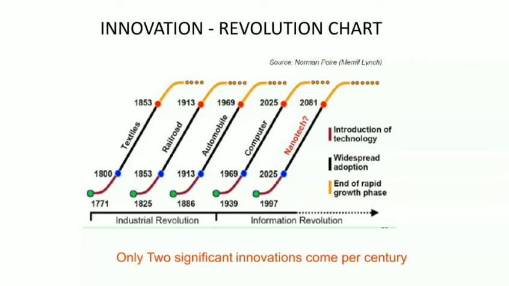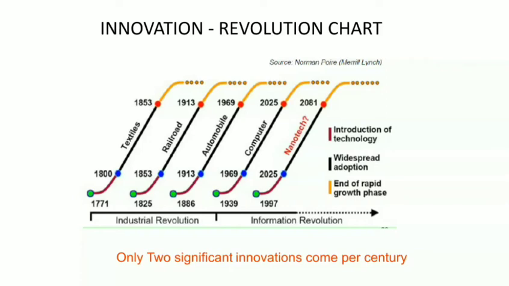Then the people start to absorb it, and they want to start to use it in their daily life, and after that it starts to grow in a higher dimension, and finally it gets saturated. So this is an innovation to revolution chart in general.